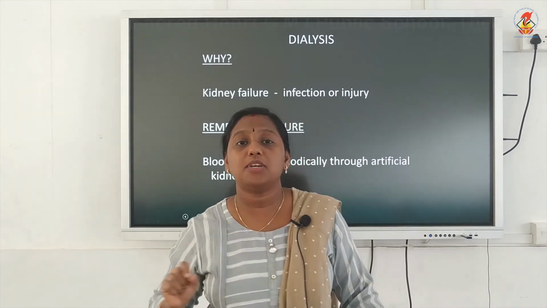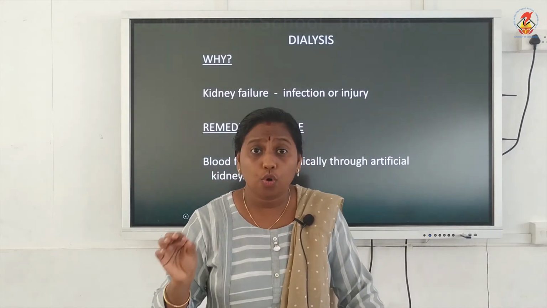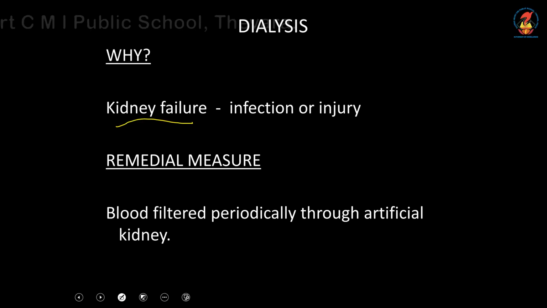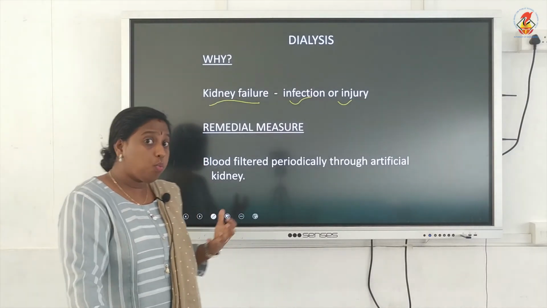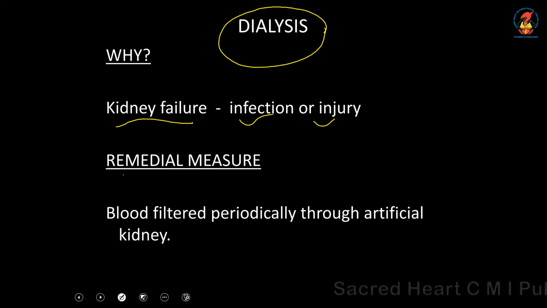Such a remedial measure is actually dialysis. For those persons whose kidney has failed, due to certain infection or injury, if the kidney is failing to work, one of the remedial measures which can be used is dialysis.